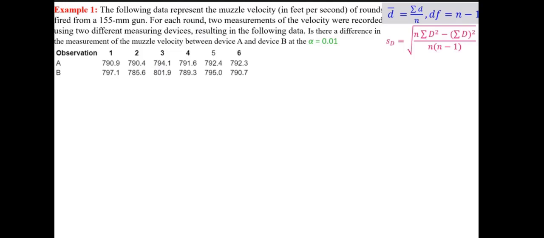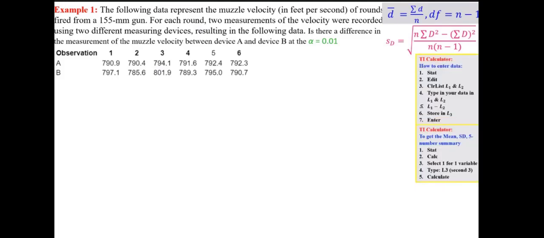So here's what we need to do. The TI calculator commands are given here, step by step. The very first thing is to clear the lists L1 and L2, and because we need L3, we are going to clear that too. We input the observations of device A in L1 and device B in L sub 2.